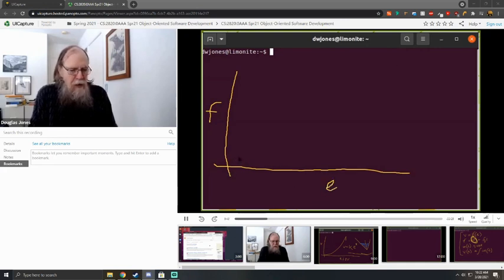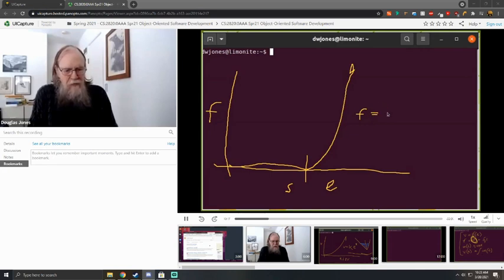The flow as a function of elevation is 0 until you reach the spillway elevation, and then the flow goes up, I believe, as elevation to the 4th power. So at this point, flow is equal to some constant, k prime, times e to the 4th.